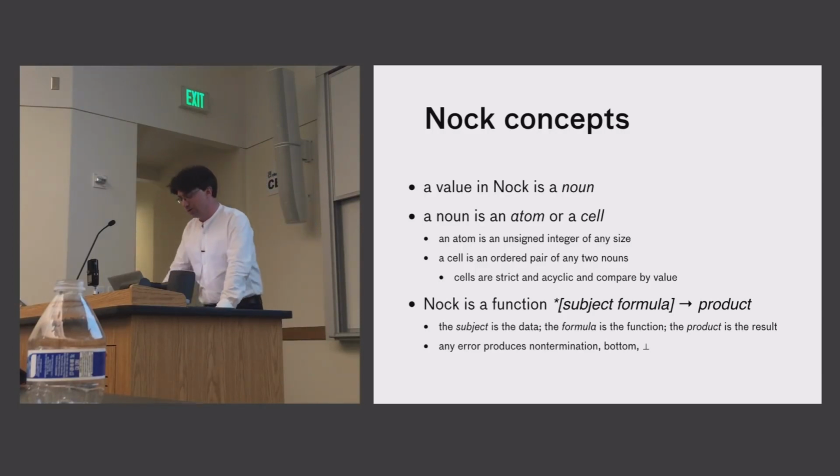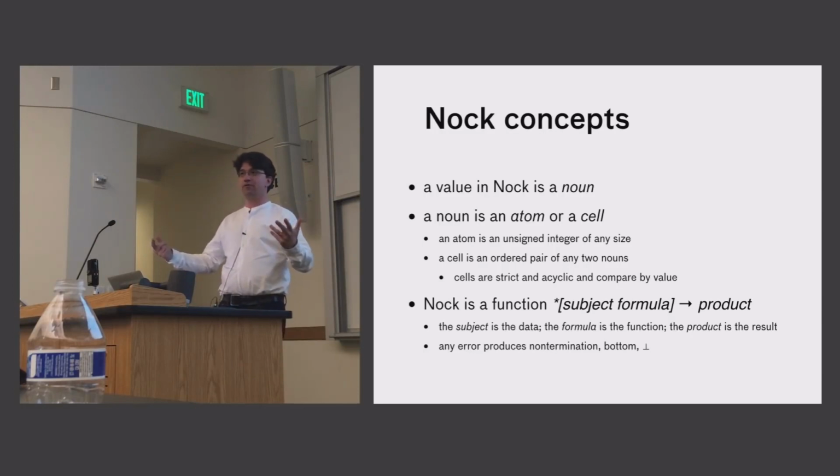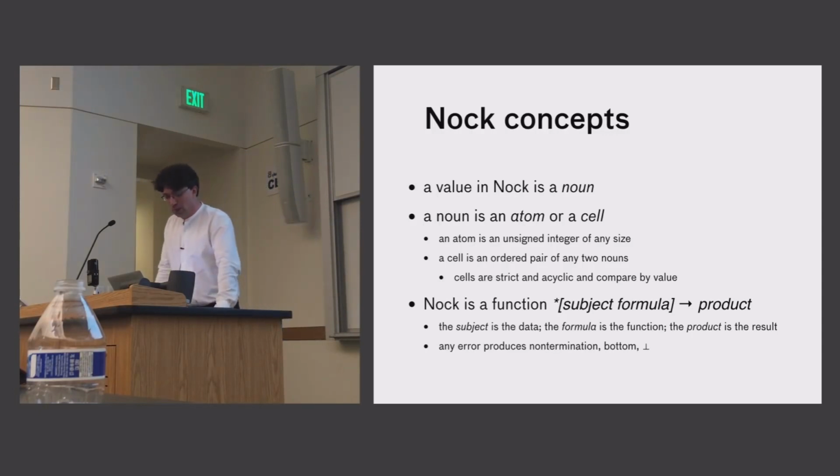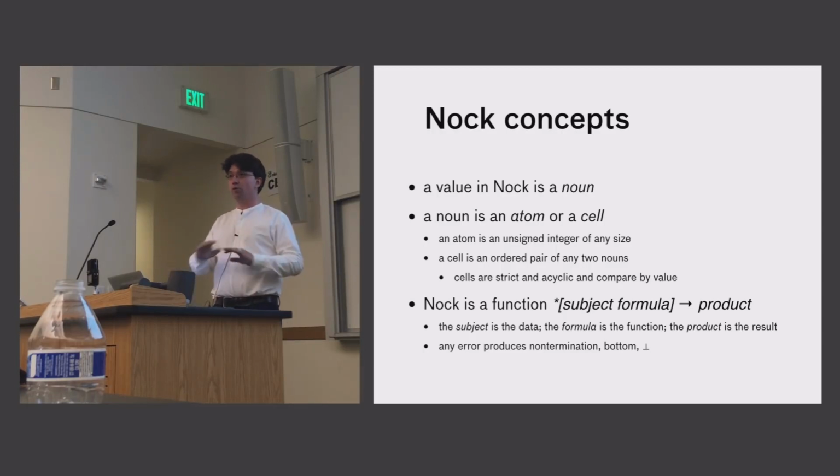An atom is just an unsigned integer of any size. An atom could be a number, a string, a network packet, or a giant file. It's a blob, but a blob as a number, not a blob and a number, and this is how long the number is. A cell is an ordered pair of any two nouns. We don't do pointer comparison. This abstraction is completely semantically opaque.